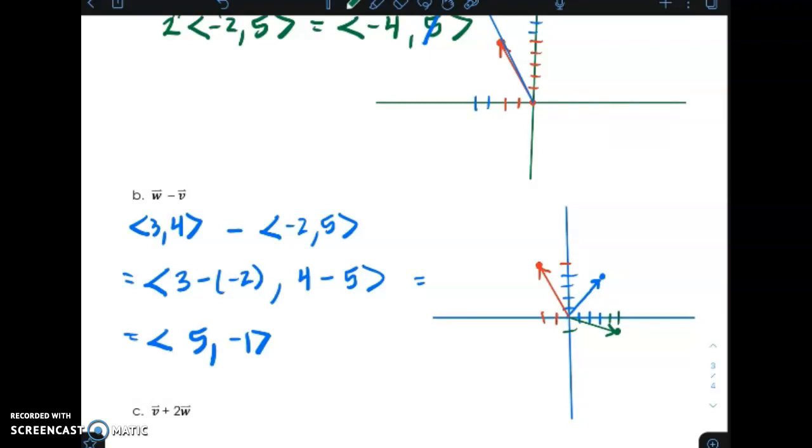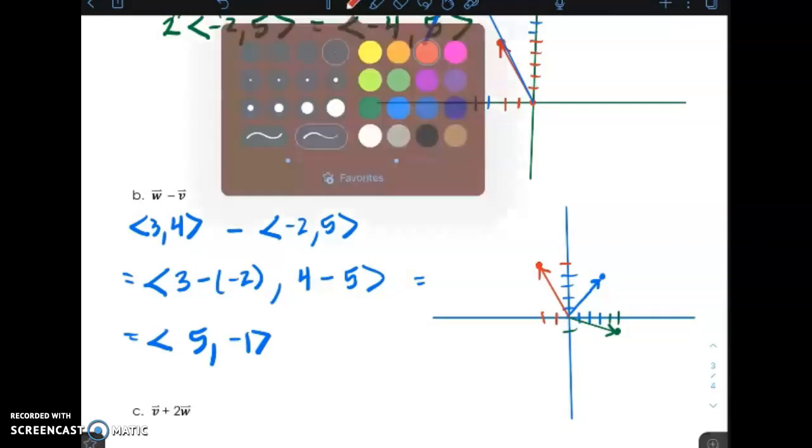We're leaving that blue alone. And then we're taking the red one, and we are subtracting it. So we're taking the red vector, and we are moving it over here.